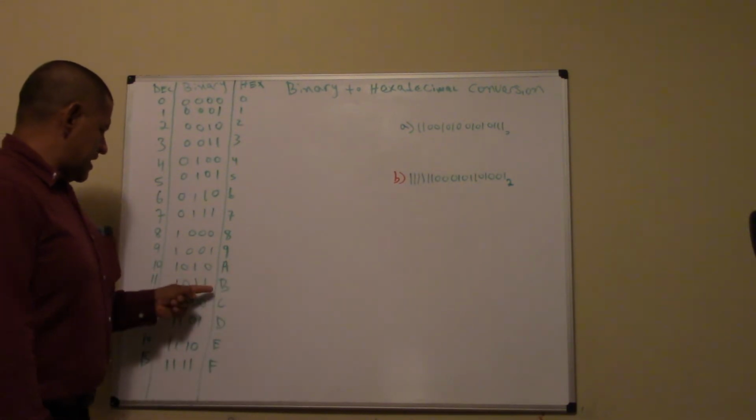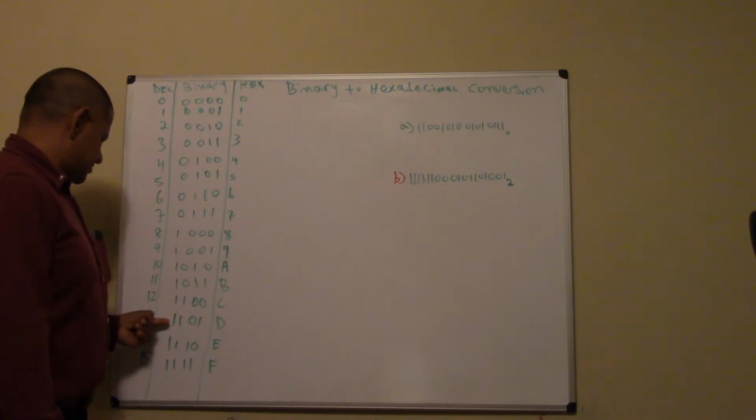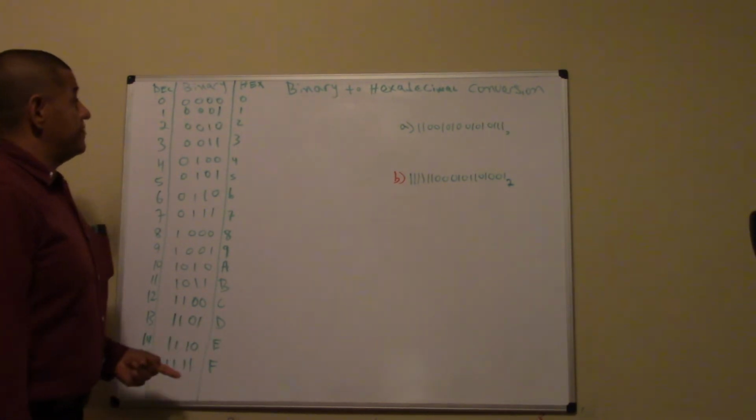So 10 is A, 11 is B, 12 is C, 13 is D, 14 is E, and 15 is F.